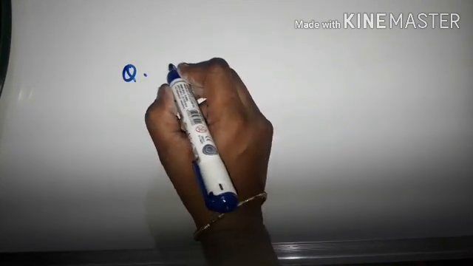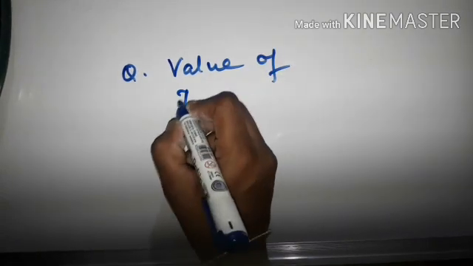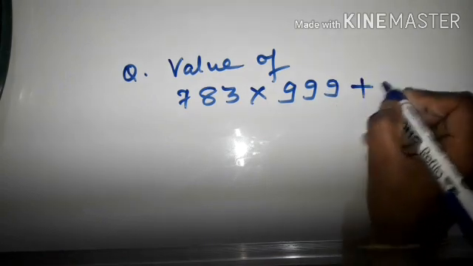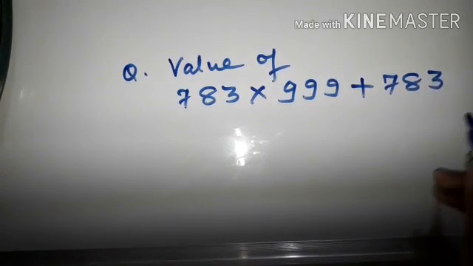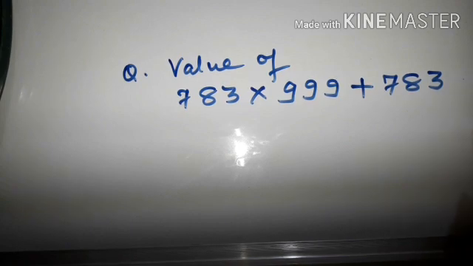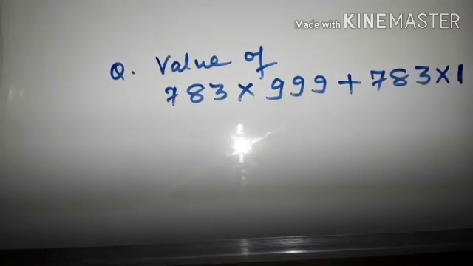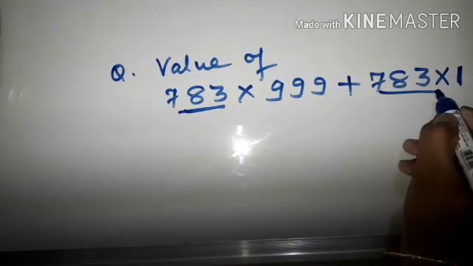Say you are asked to find the value of 783 into 999 plus 783. Remember that here nothing is given, so always you have multiplied by 1. Now 783 is common.